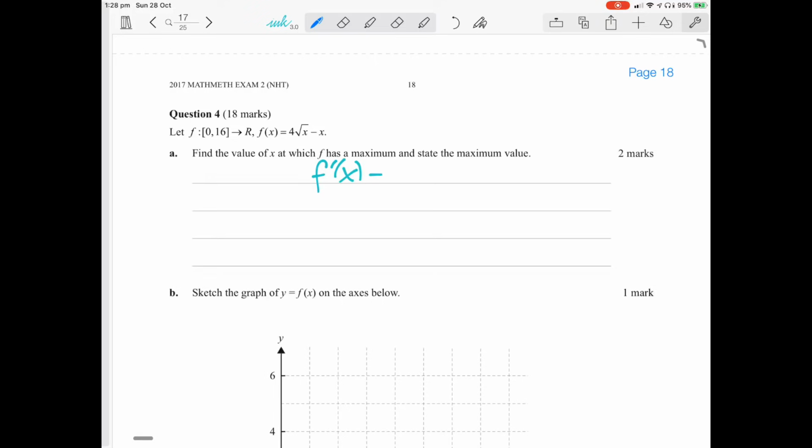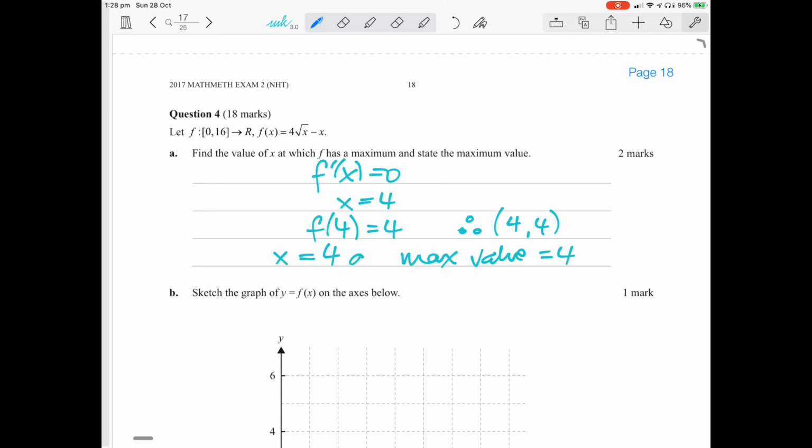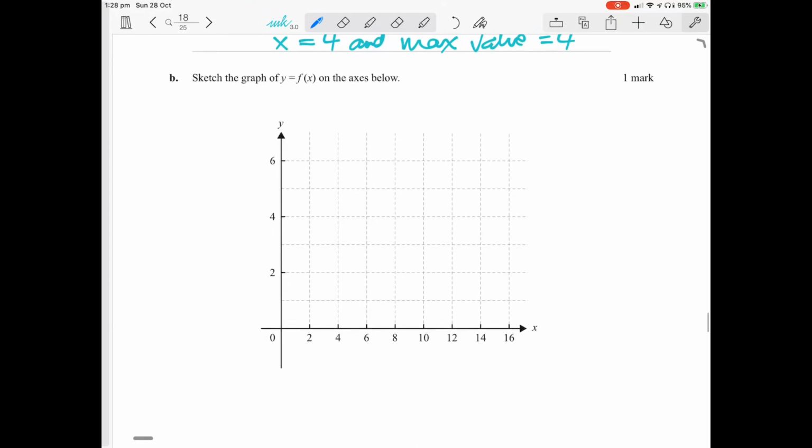So here f dash of x equals 0, x equals 4, f of 4 is equal to 4, therefore x equals 4 and the max value is 4.